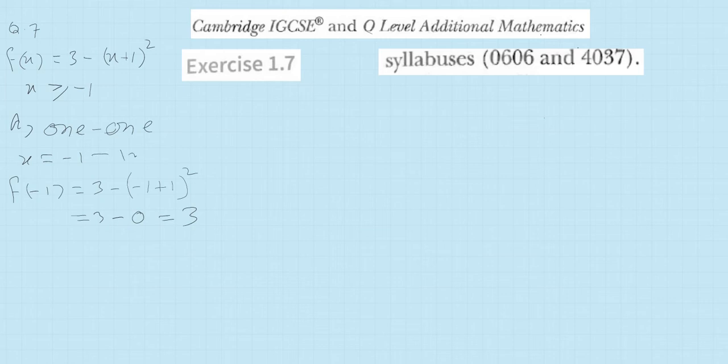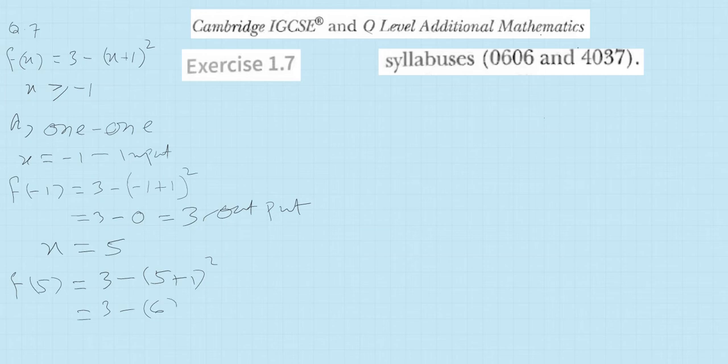This is input, this is output. Take any other value which is greater than −1. I am taking, for example, x equal to 5. So f(5) = 3 − (5 + 1)². 5 plus 1 is 6, 6 squared is 36, and 3 minus 36 is −33.